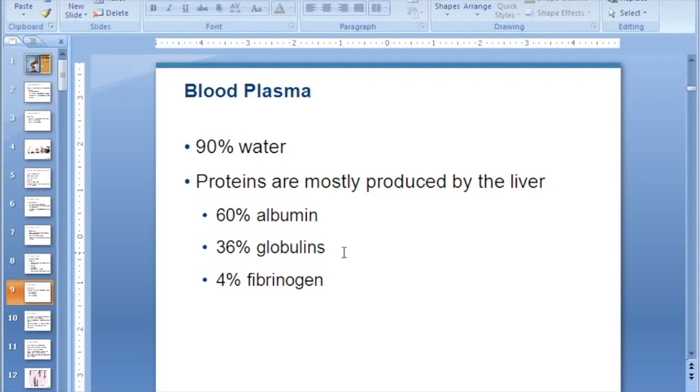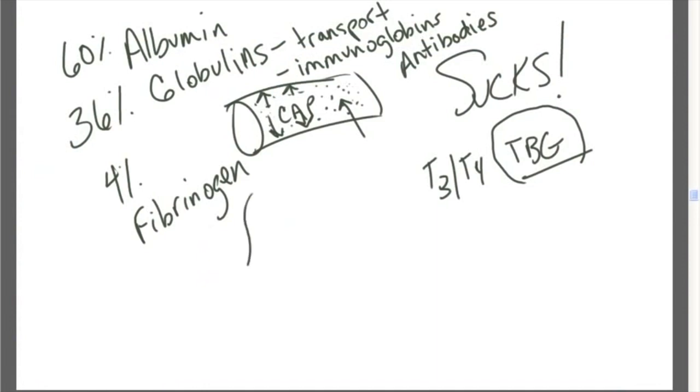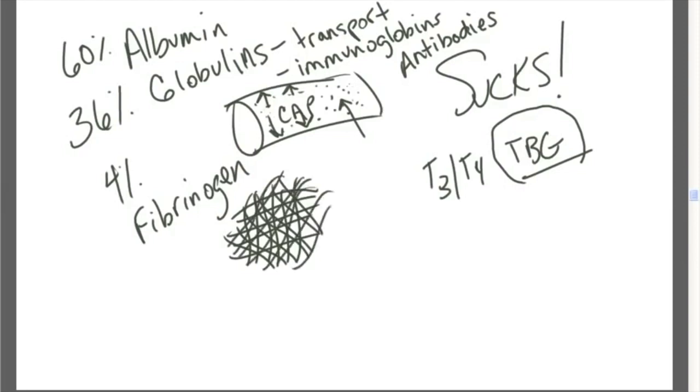Only 4% of your plasma proteins are this. Fibrinogen is the protein that will eventually turn into the framework or the mesh behind a what, do you know? A blood clot. Or just a clot. We don't have to say a blood clot because it doesn't have to be in the blood vessel. It can be where you have a cut or something as well.